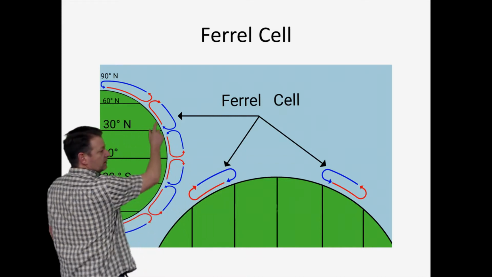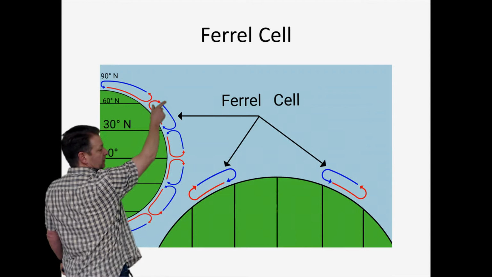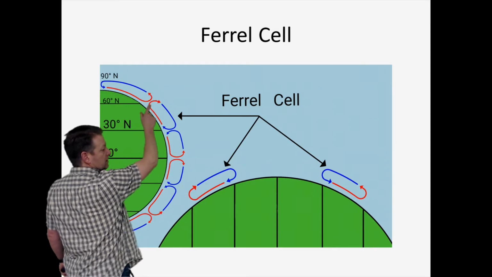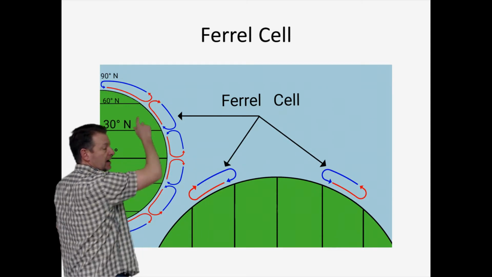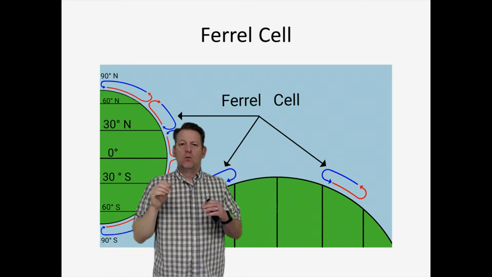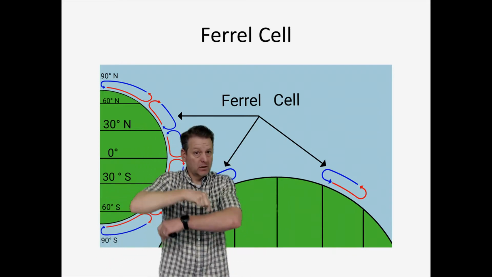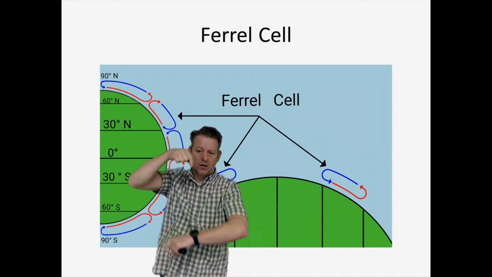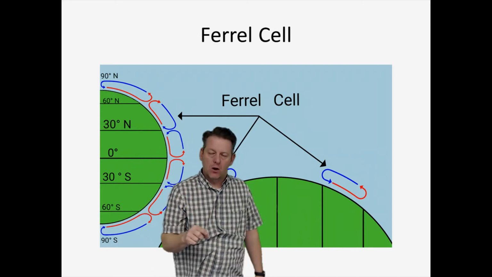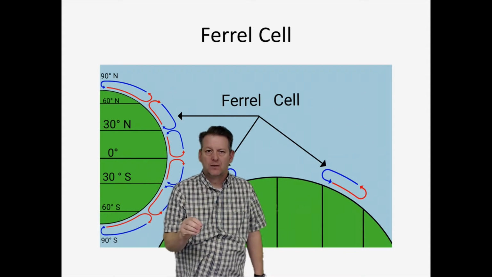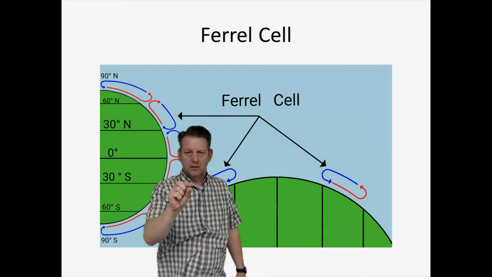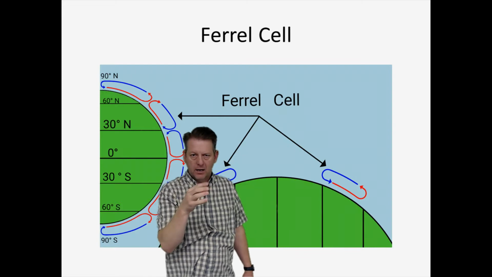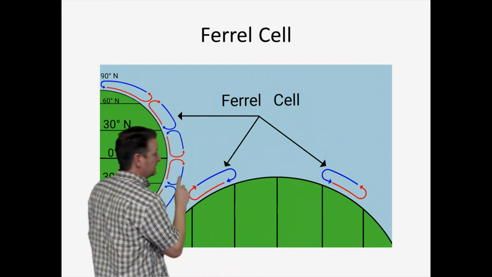Now, you can see right here, it either migrates south or it will migrate north, which means this area has rising air. Remember? Pushing down is high, moving away is low. What's associated with low pressure? Low pressure is clouds, cloud formation, rain. Okay, that should make sense.